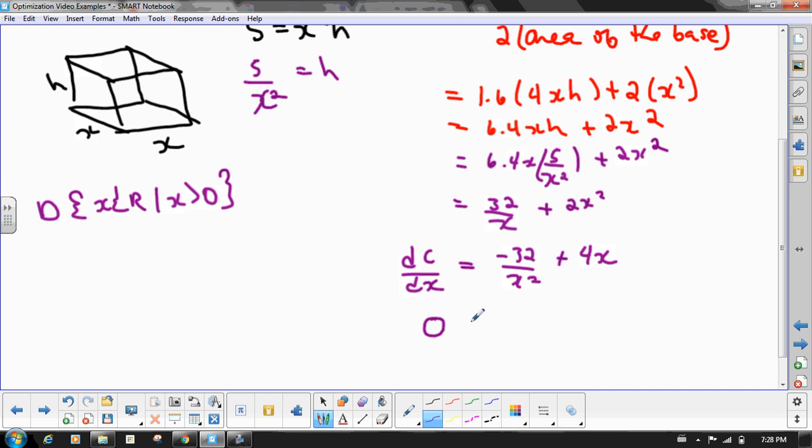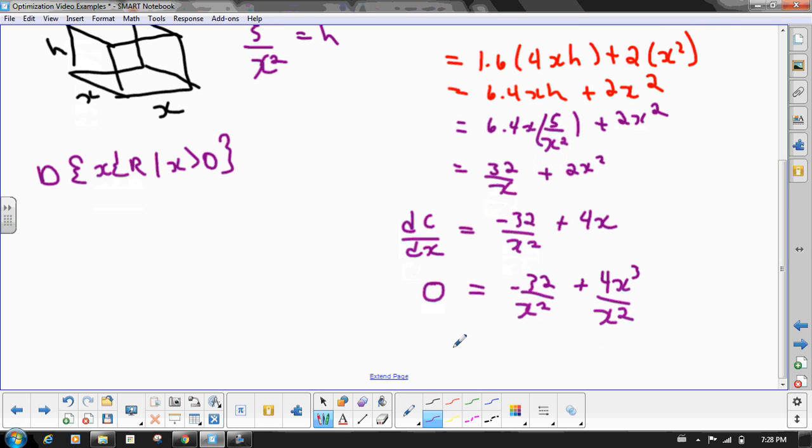I'm going to set it equal to 0. I'm going to get a common denominator. So I have negative 32 over x squared plus 4x cubed over x squared.